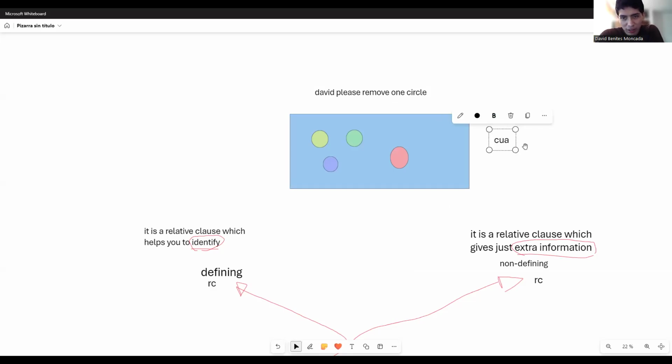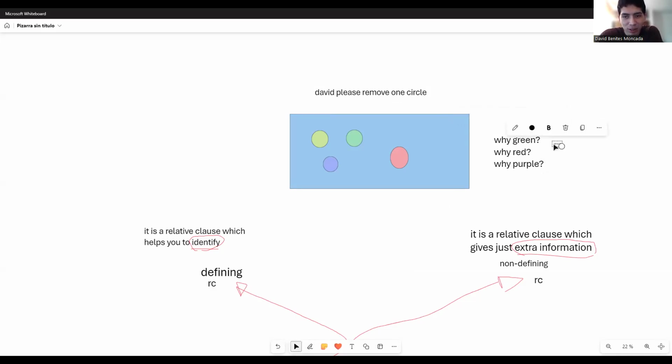And why? Why green circle? I say remove circle, but why green? You say, Carlos, the red one. Why red? Carlos, and the purple. Why purple? You don't know. You know or you don't know?